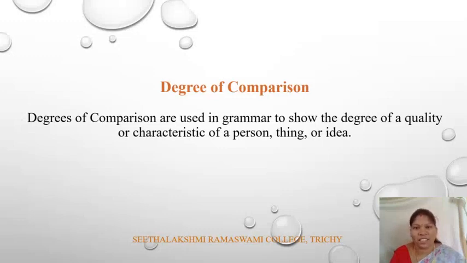Yes, in English grammar, degree of comparison is used to compare the attributes or features of distinct people, things, or actions. A degree of comparison is a type of adjective in the English language that is used to compare one person or object with another person or object that has the same quality.